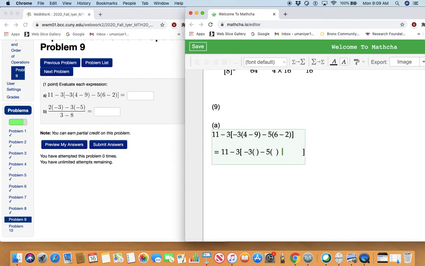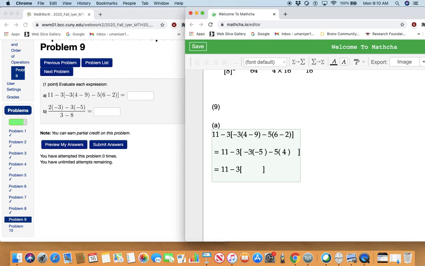Okay, that's how we figure. So the innermost parentheses, let's go through them one at a time. 4 minus 9, that's a negative 5. 6 minus 2, that's a 4. Okay, so now this is your question. Notice brackets still exist. It has not been resolved. So forget everything else for the time being and let's worry about the brackets.